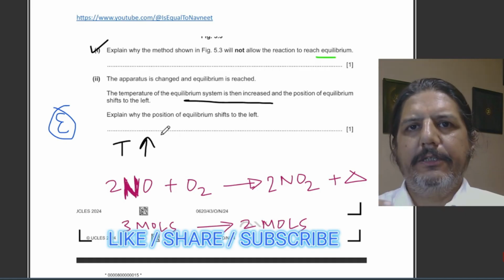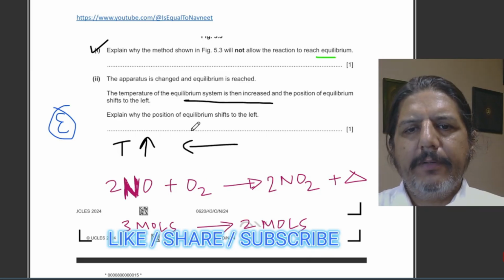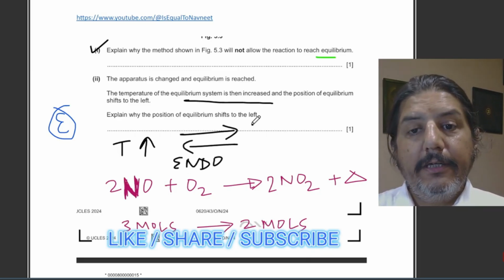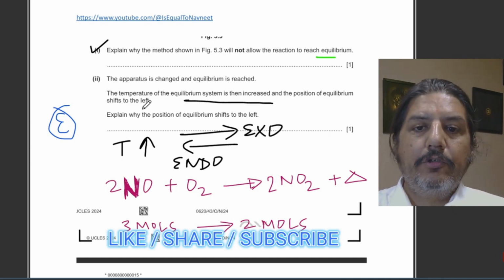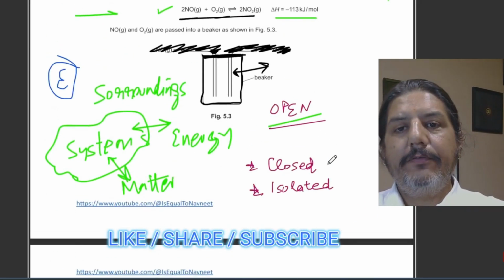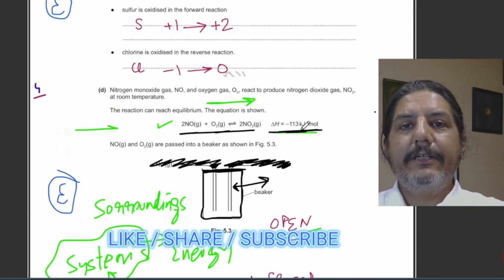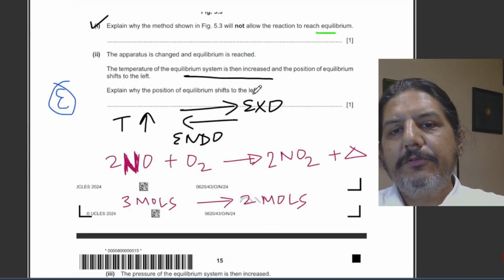It will try to reduce the temperature. So if the equilibrium shifts to the left, that implies that on the left you have endothermic, and therefore you can deduce that the forward reaction will be an exothermic reaction. So explain why the position of equilibrium shifts to the left. It shifts to the left because the forward reaction is exothermic.